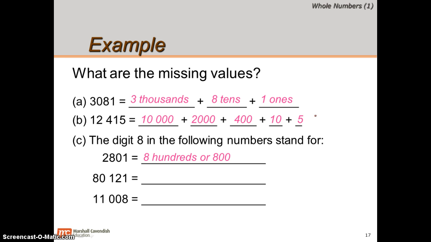Yunwen. 80,000. Alright, 80,000 is okay. Next, the last one should be very, very easy. Celeste. I can't hear you, louder please. 8 ones, or 8. Okay.